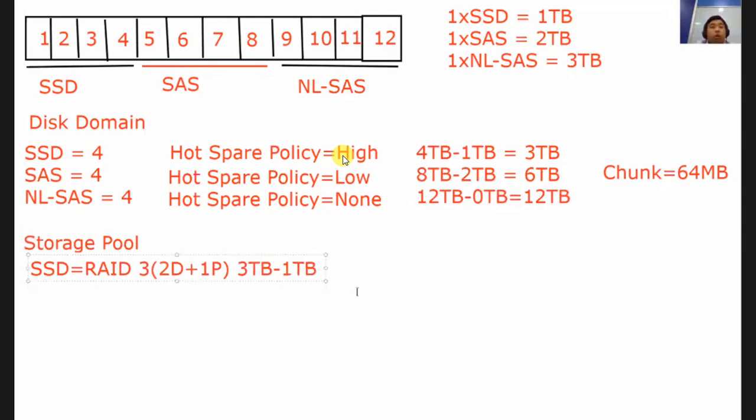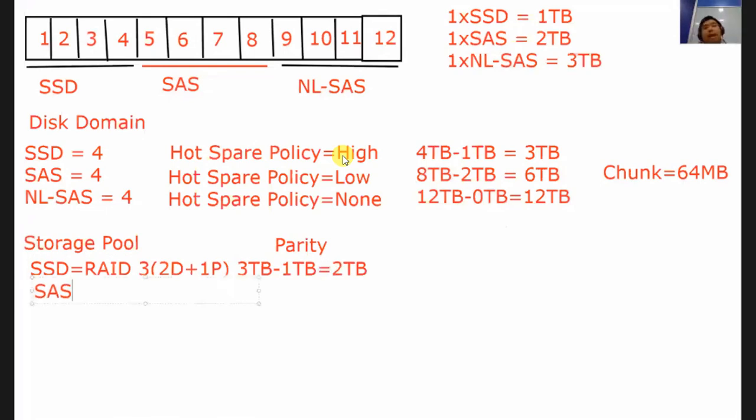Then after you construct the SSD, you will only see 2 terabyte balance, because this 1 terabyte comes from the parity. This is basically the parity size itself. Let's say your parity is 1 terabyte. Normally it's not that big, I just make it into a simple form. 3 terabyte to form these 3 disks minus 1 terabyte of parity, so you are left with 2 terabyte of usable space. That is your usable space after you minus the parity.